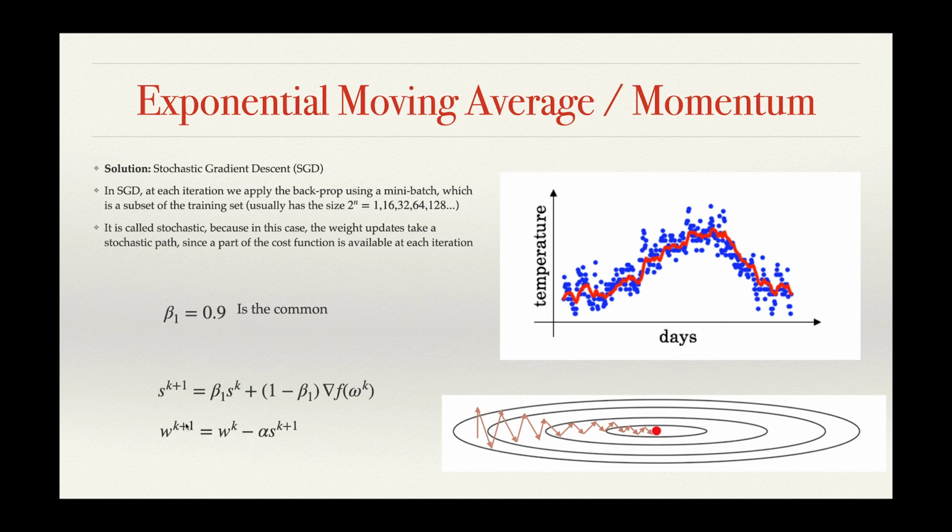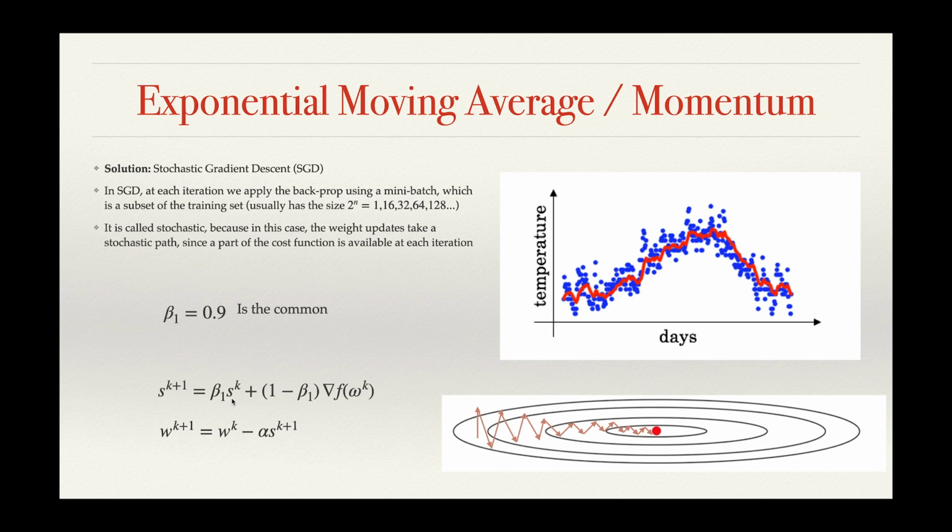Originally we had w_{k+1}, where k is the index of the iteration, equal to w_k minus the learning rate alpha, times the gradient, or the first derivative of the cost. Now instead of that we have the momentum, which has another formula. The momentum at time k+1 is equal to beta, a factor that we multiply by the previous s_k.